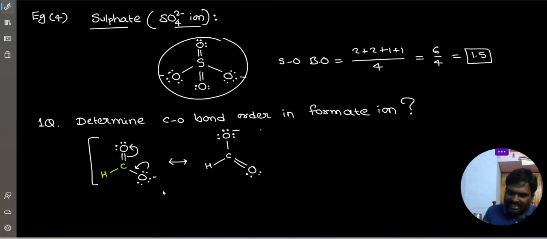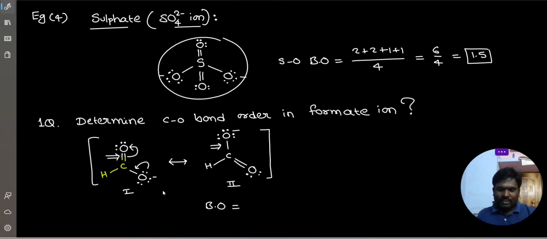Only 2 resonance forms are possible, so you can take 2 fixed atoms. The CO bond order is the bonds in between the 2 fixed atoms, 2 plus 1, divided by the total resonance forms, 2.